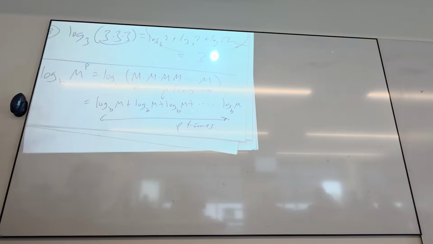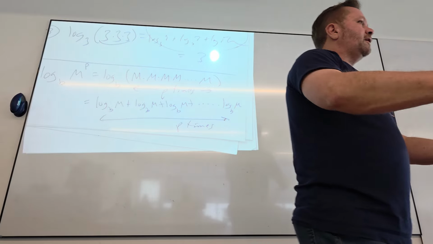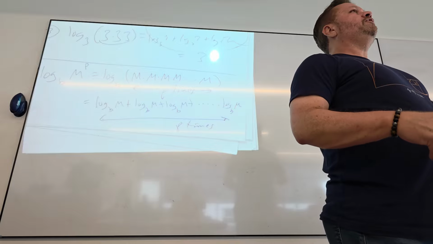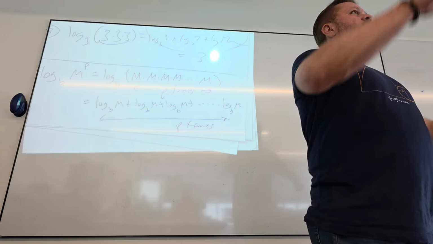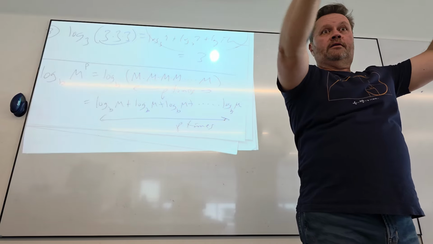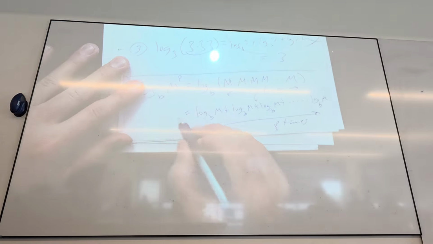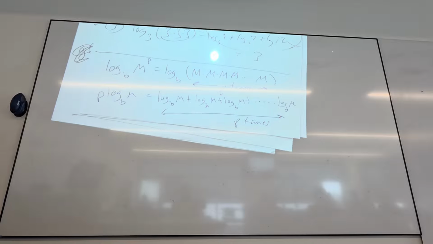And of course, we kind of borrowed the word times to indicate what operation? Multiplication. So 7 plus 7 plus 7 plus 7 is 4 times 7, yes? So what is log base b of m plus log base b of m, p times? You can do it. P times log base b of m. How many log base b of m's do I have? P of them.